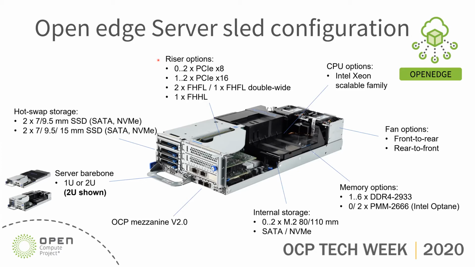We are supporting 2 full height, full length cards, or 1 full height, full length, double wide card, which could be, for example, a high performing accelerator unit, GPU, for example, or something similar. And so 3 slots altogether can be configured in different ways. We have 3 riser options for the 2U sled to provide the flexibility.